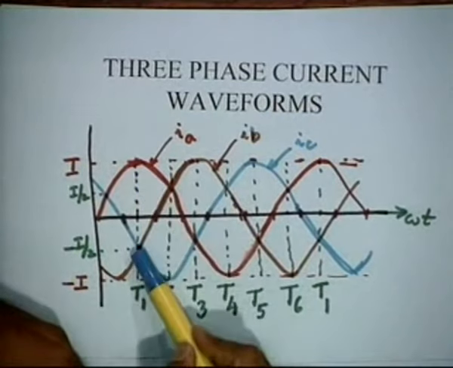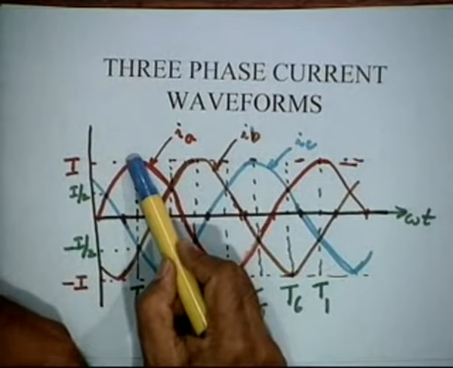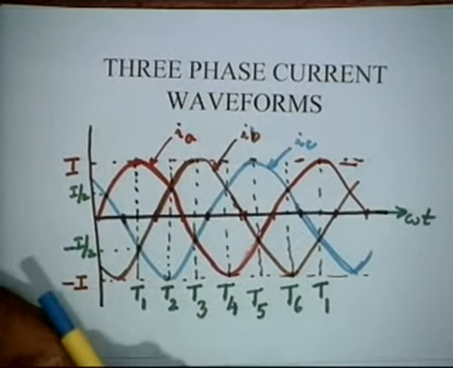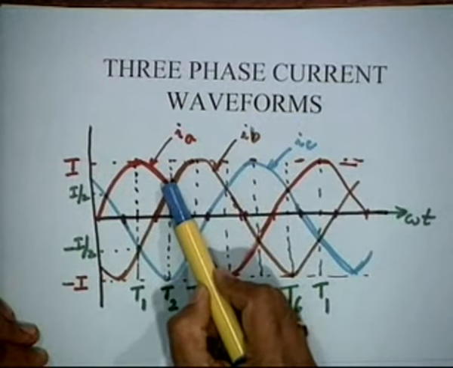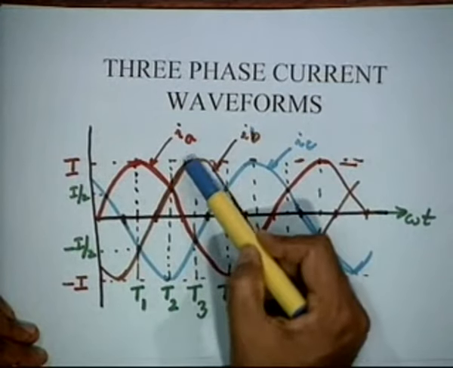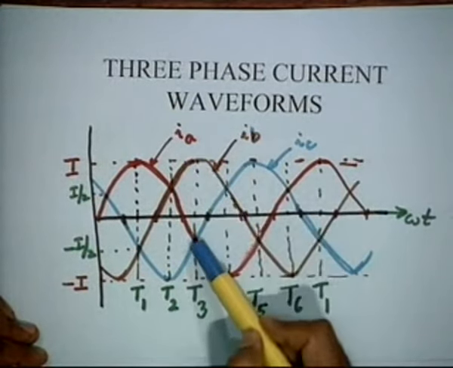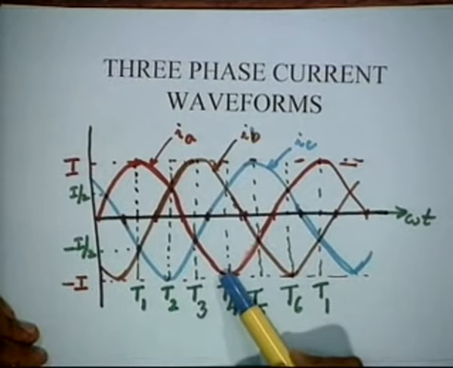So, at that instant, let us see what is the magnetic field at different instances. At t2, the C phase will have minus I and A and B will have plus I by 2, but the sum of the 3 currents will be 0. Okay. Look at time t3. At t3, the B phase has a peak value and the other two, A and C, have minus half. Look at time t4.